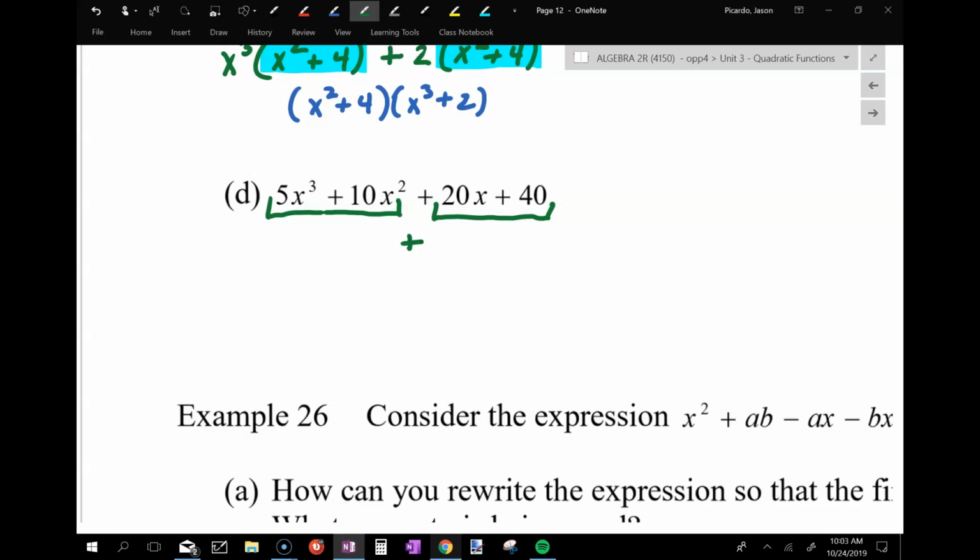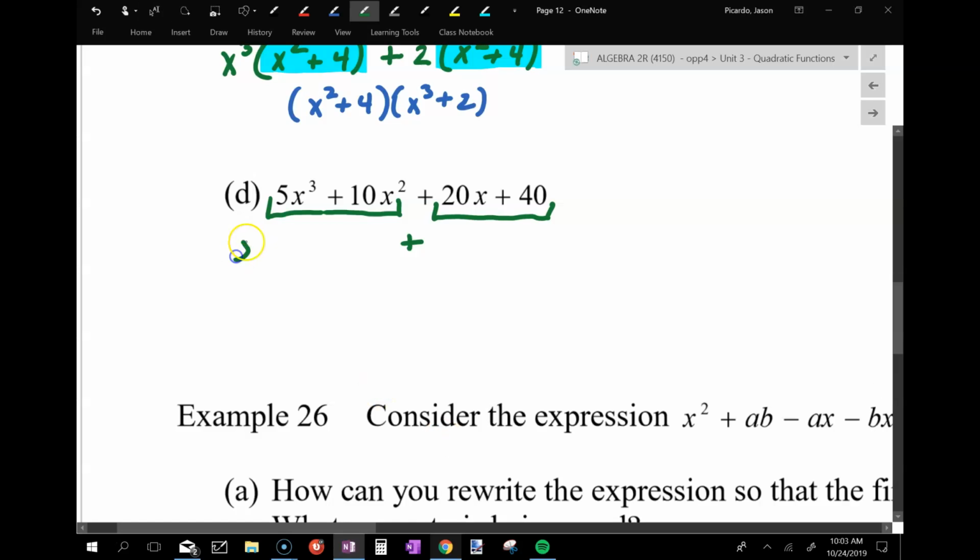Okay, what do you guys think? First pair, what do you guys want to take out? 5x? 5x squared. Why squared? Because that's the lowest exponent of a variable that they both have, right? All right, so I'm going to take a 5x squared. When I take out the 5x squared, what am I left with?